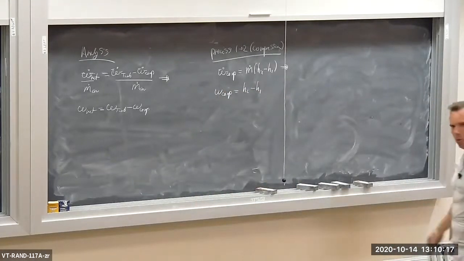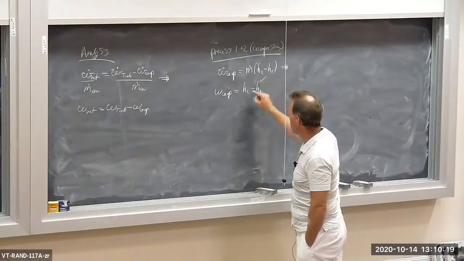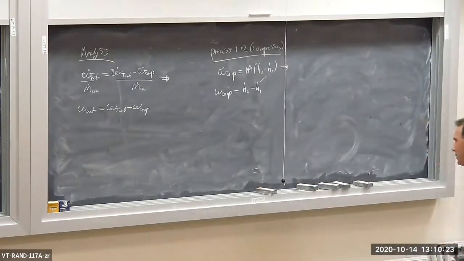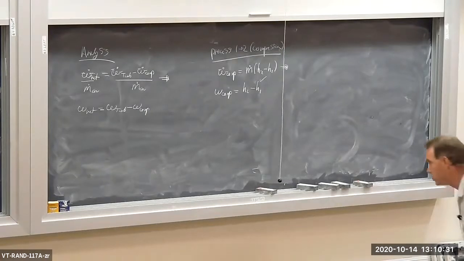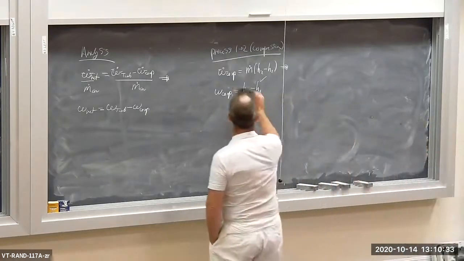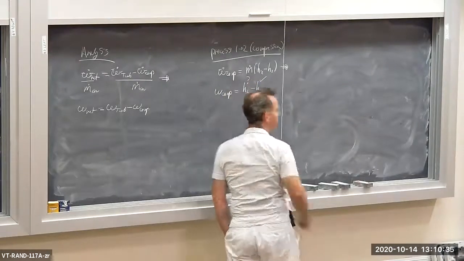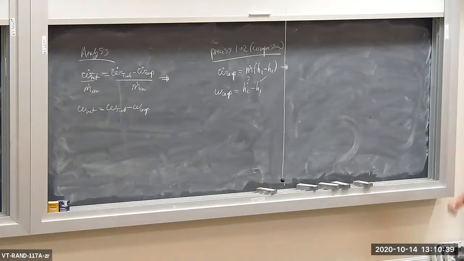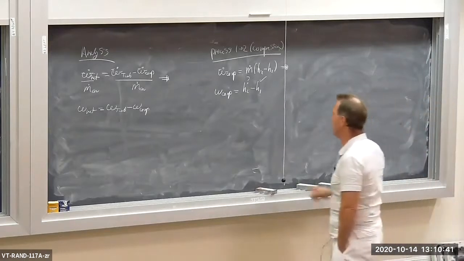Now I know H1, but I don't know H2. I need to know a temperature at state 2 or something. All I know is the pressure. I need a temperature to go to a table and extract out H2. So I don't know what this is. And frankly, there's no way to get it. So this is not going to help.